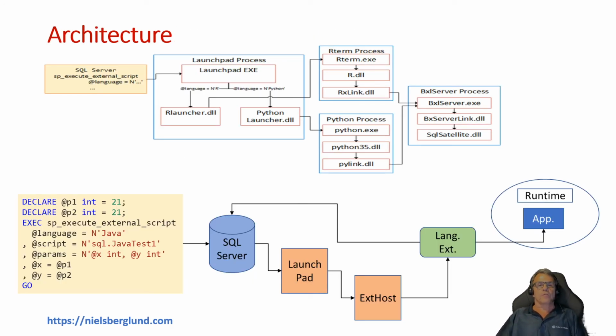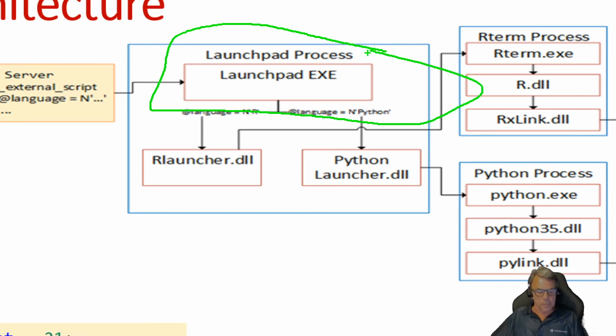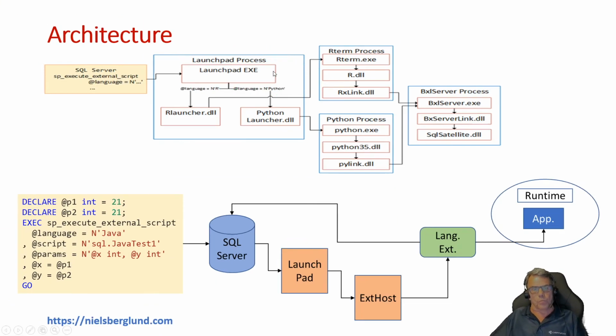The way it looks is that when we say we want to use R, Python, or Java, we get a new service as part of the SQL installation, called the Launchpad process, Launchpad.exe.